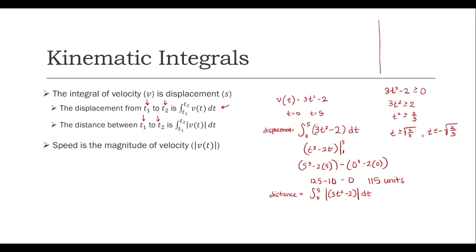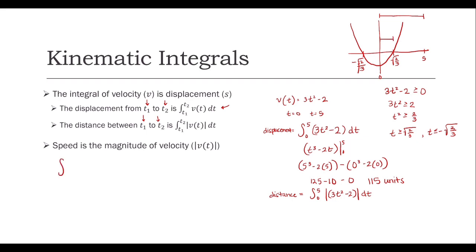So our function would look something like this. And this is root 2 over 3 and negative root 2 over 3. So we're looking from when t is 0 to 5 for our function, and our velocity is negative from 0 to square root 2 over 3. So we'll need to do our negative velocity function.